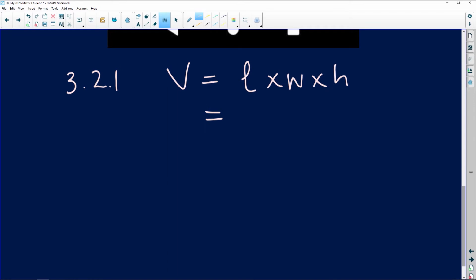So let's go and see the height in this particular case. The length in this particular case is 28. And the nice thing about this is that all of them have the same unit of measurement, so there's no conversion that needs to be done in between. Times 15, and the height is 8.